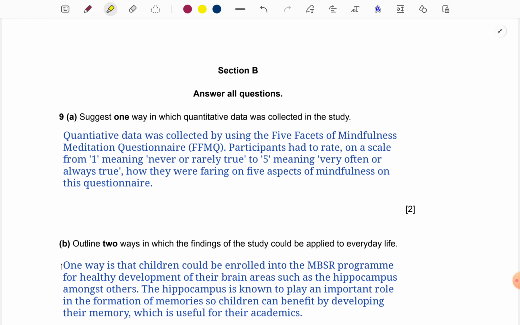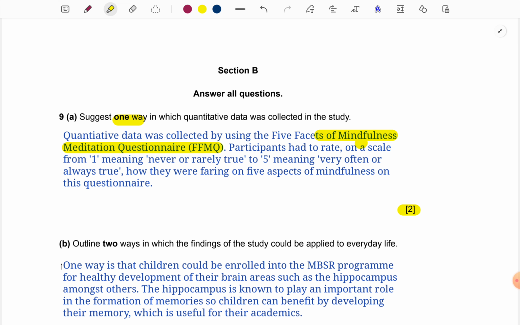But students generally find it a little difficult to elaborate on that. So I've taken the easier one. FFMQ is a quantitative data collector. And always when we have to justify, because after all they have allotted 2 marks and they've asked for a way. They've not just asked name one questionnaire or name one quantitative tool.